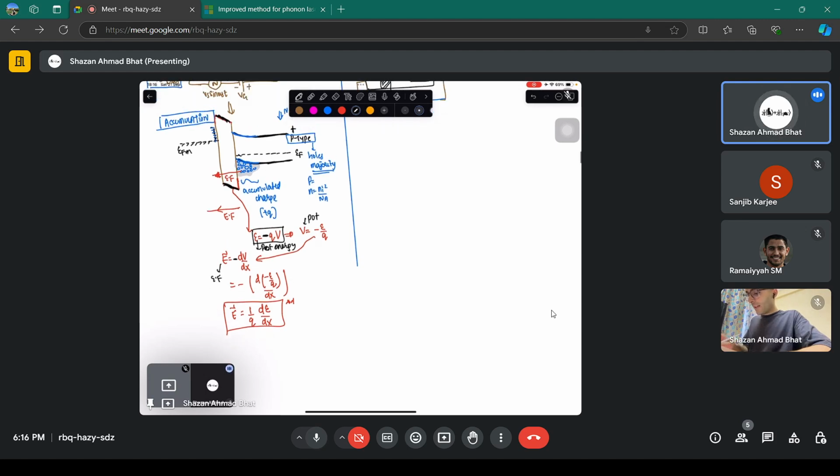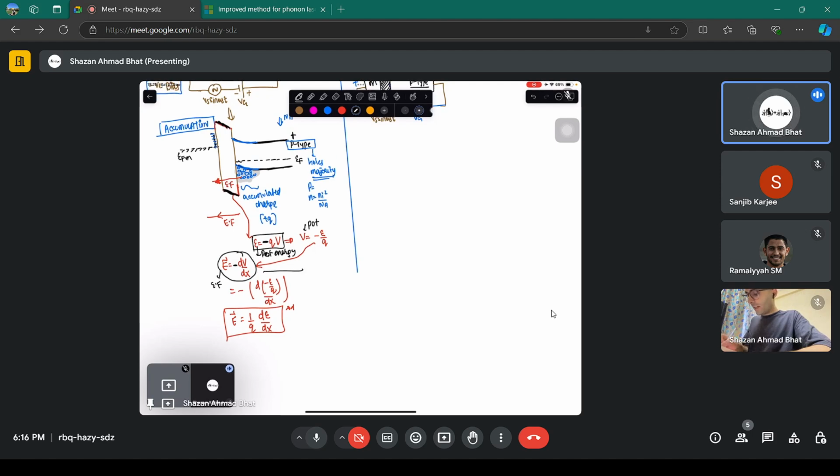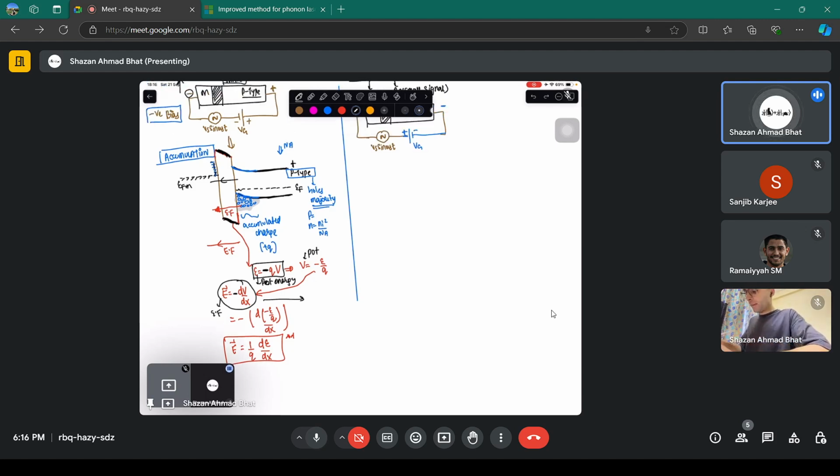Because of this, in the direction of the field, the potential decreases but the potential energy increases. The field is in this direction, so the potential energy is increasing in this direction. In other words, the potential is reducing in that direction. So that's the scenario of the oxide bending.